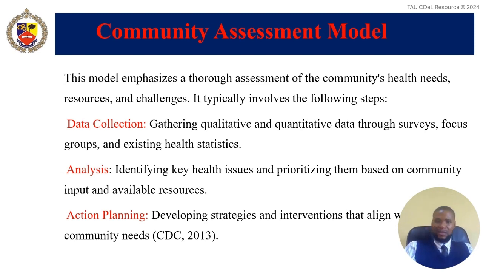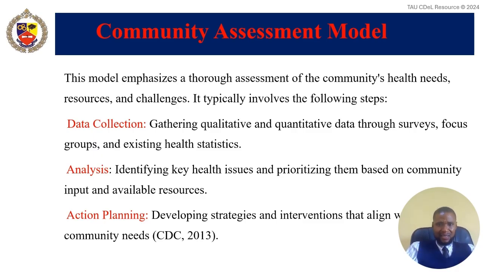Now, the community assessment model. That's the next one. This model emphasizes a thorough assessment of the community's health needs, resources, and challenges. What are the things they need in that community? Resources: what are the things they have? The type of food they are eating, the water they are drinking, where they live, their environment, and then the challenges.